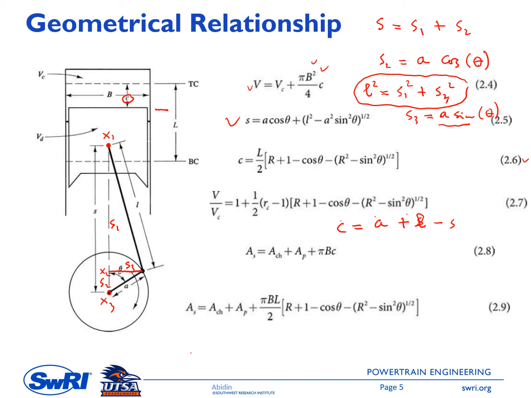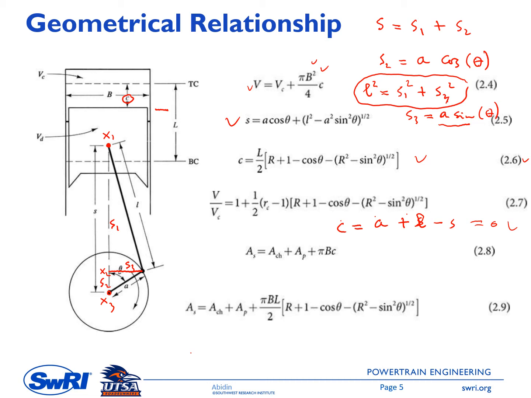So when the piston is at TC, it means here that s equals a plus l, so that C equals 0. This is just a quick check whether this correlation is true or not. Then if we substitute s by equation 2.5, you will get 2.6, and this is for the C equation.